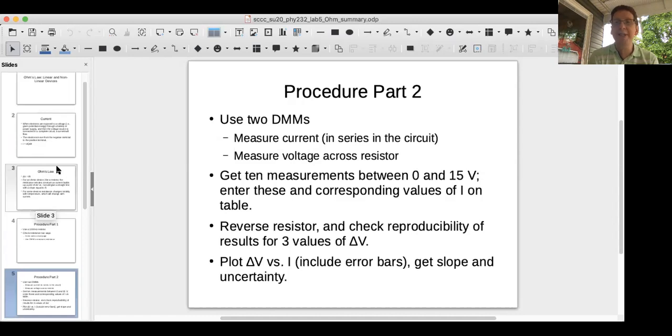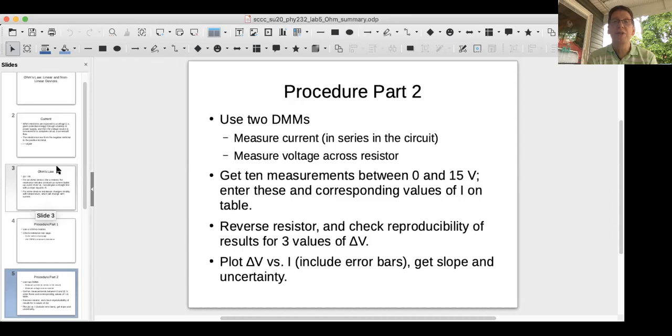In part 2 of the experiment, we're going to take two digital multimeters, one to measure current through the circuit, since you connect ammeters in series with the circuit, and the other to measure voltage across the resistor.